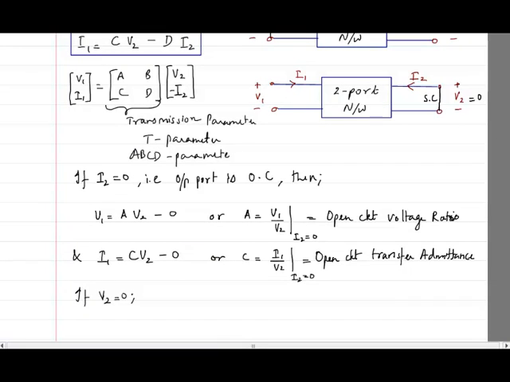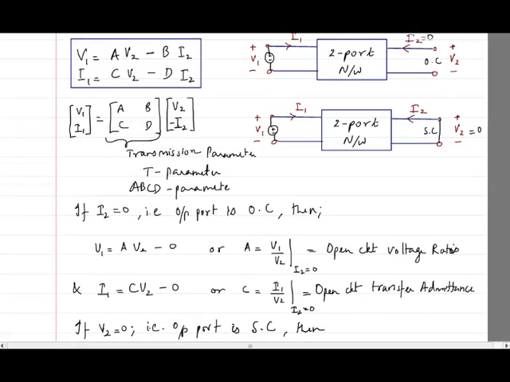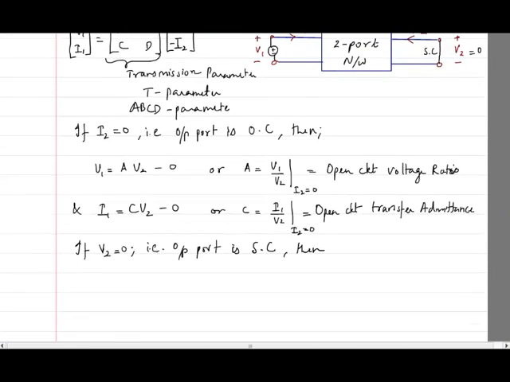Suppose V1 is the voltage that we are giving here, and the output port is short circuit. Then I will get V2 equal to 0, and then V1 is equal to 0 minus BI2.